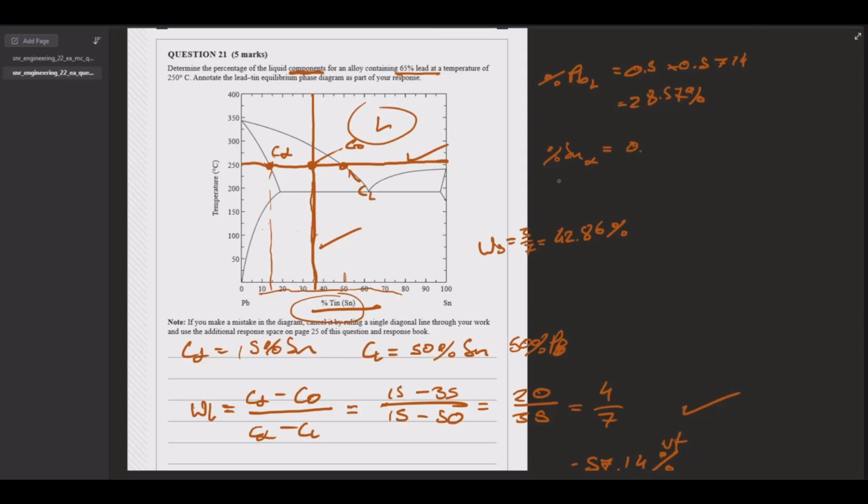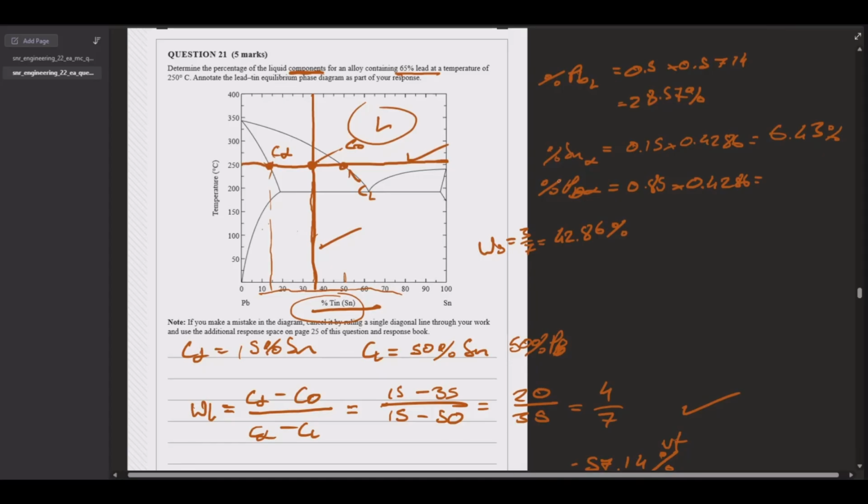It's 0.15 times 0.4286, which is 6.43%. And the percentage of lead as a solid is the composition of alpha in terms of lead, so 0.85 times the weight of the solid, 0.4286. That gives us 36.43%.